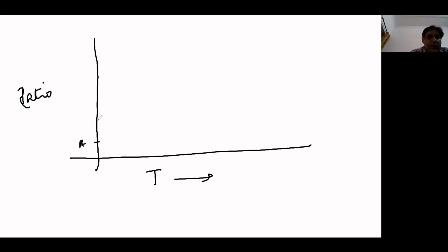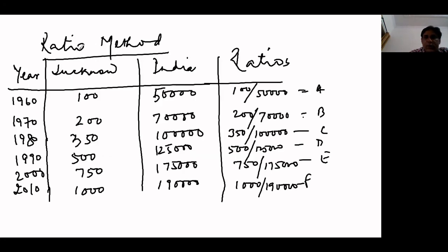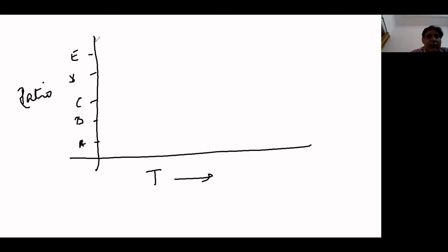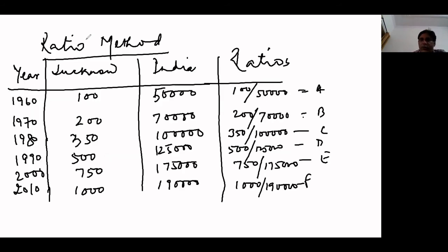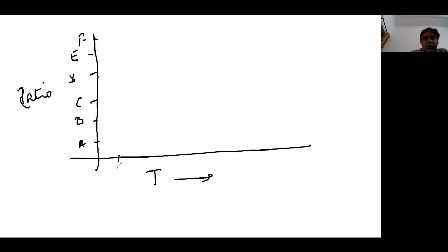Let it be A, B, C, D, E, and say F. Now, the years were from 1960 to 2010: 60, 70, 80, 90, 2000, 2010.